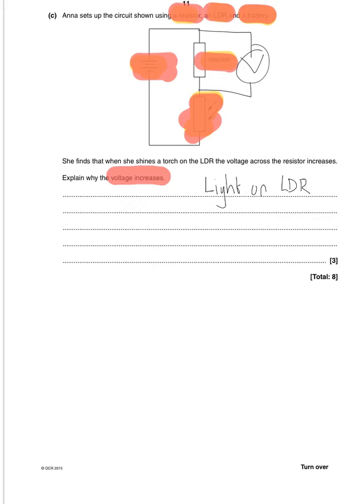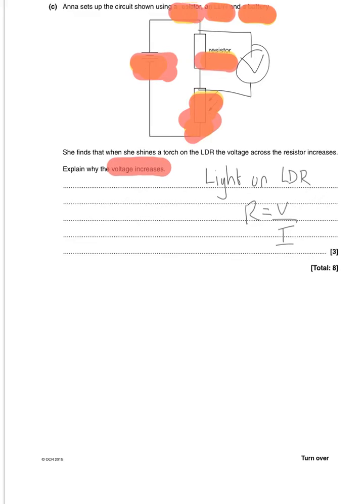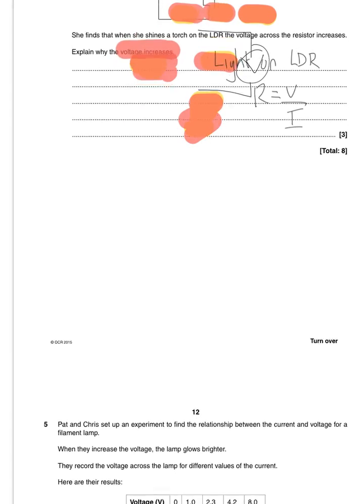So if it lowers the resistance or increases the resistance, we can then link it to our equation, which is given earlier. And that should then help us to explain what's happening in terms of resistance, voltage and current. You might need to rearrange that equation.